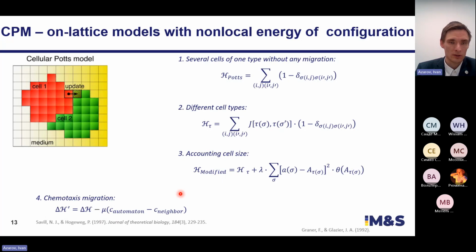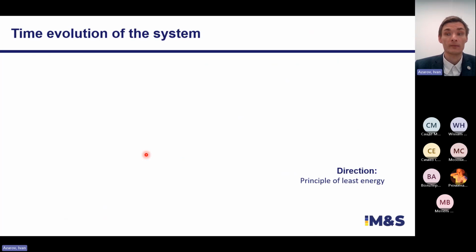And this term was proposed by bioinformatician Paulien Hogeweg, and then the cellular Potts model with other possible forms of Hamiltonians was called the Graner, Glazier, Hogeweg model.